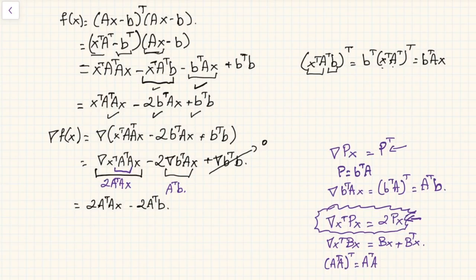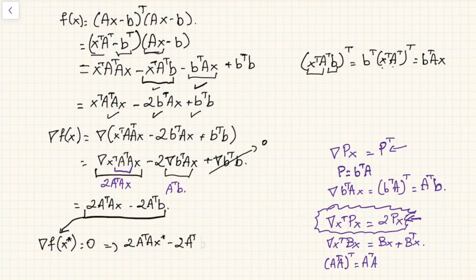Now, to get the optimal point, you set the gradient to 0. So del f at x star is 0. Replacing what we got over here, we get 2A transpose A x star minus 2A transpose b is 0.